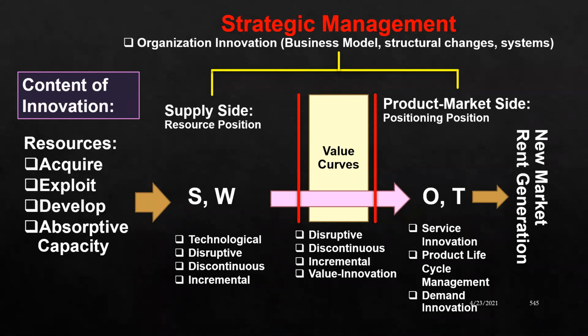For instance, on the supply side, we can have technological disruptive innovation, discontinuous innovation, incremental innovation, and so on and so forth, all the way to the product-market side, where we can have service innovation and product life cycle management. Where are we, and should we be more operationally focused because our industry is a little more mature, or should we renew and transform our industry to get a new product life cycle, right?